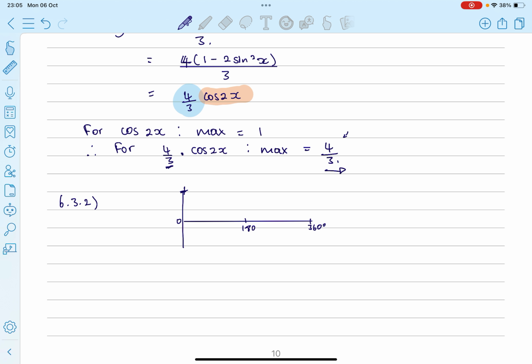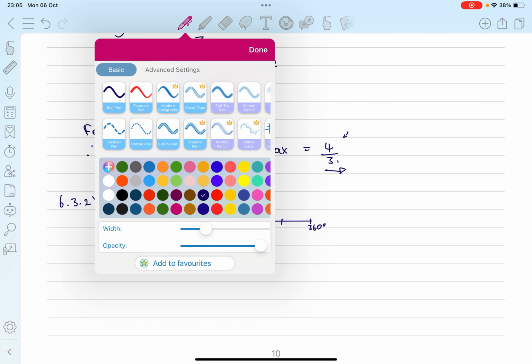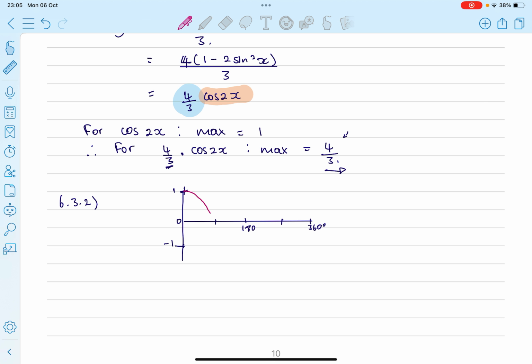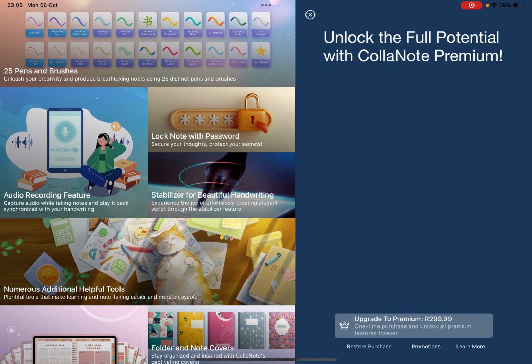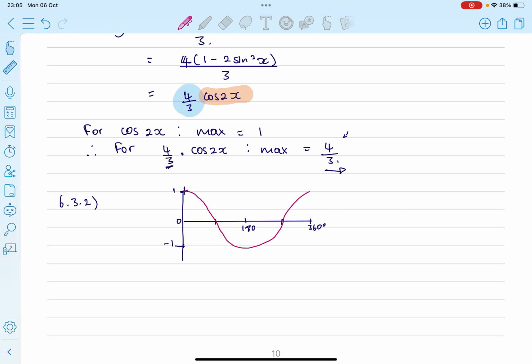And let's say this is 1, and somewhere here is -1. So your standard one is 90 and 270. Let me use a different color. It looks like this: at 180 it hits its minimum. At 270 it cuts through 0. At 360 it's back at 1. Something like this. My sketch isn't the best.